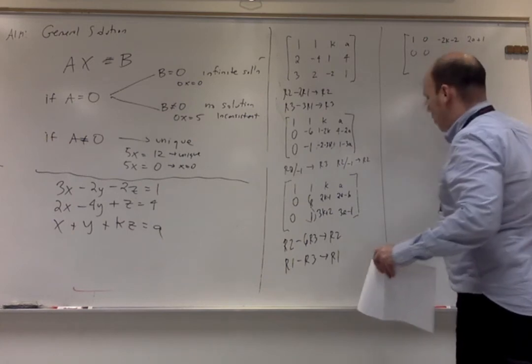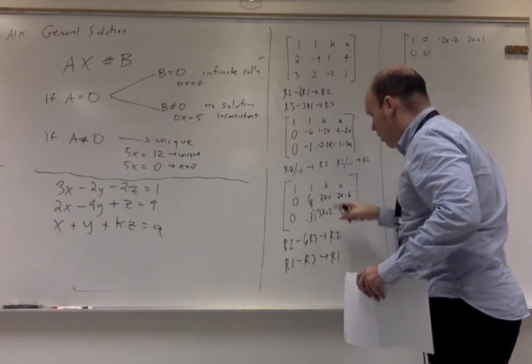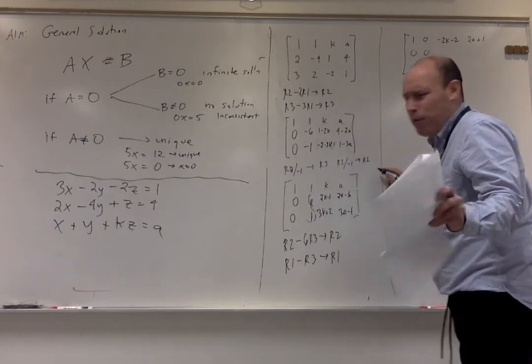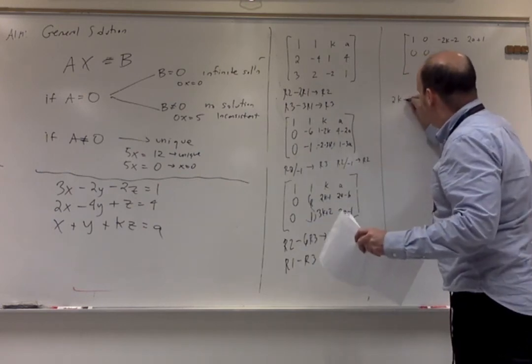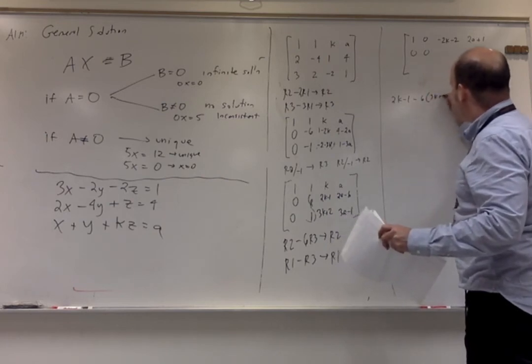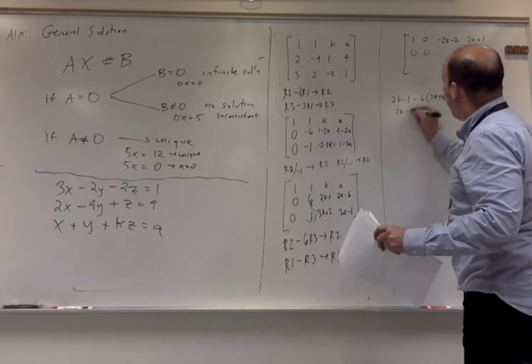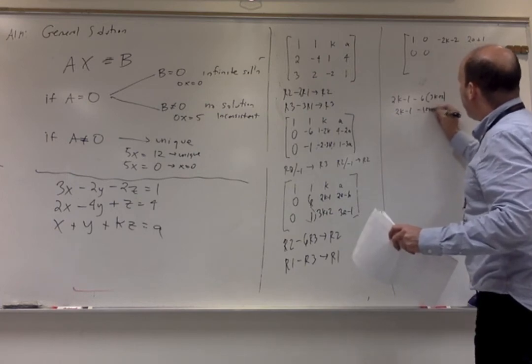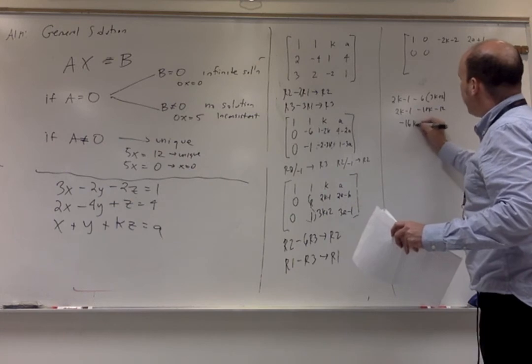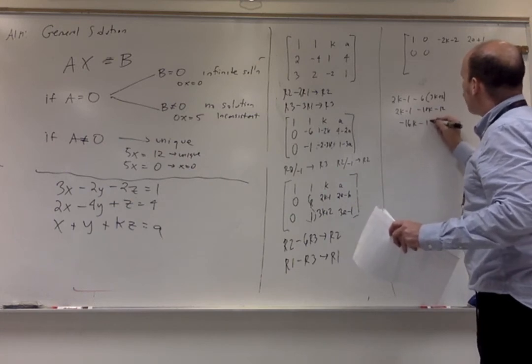I'm doing this on the side, and you can erase it. 2K minus 1 minus 6 times 3K plus 2 is 2K minus 1 minus 18K minus 12, which is negative 16K minus 13.